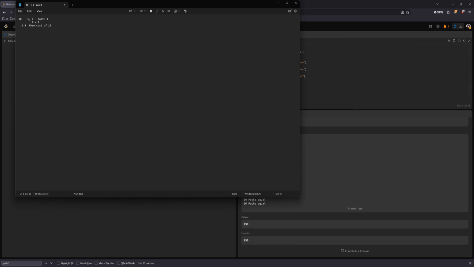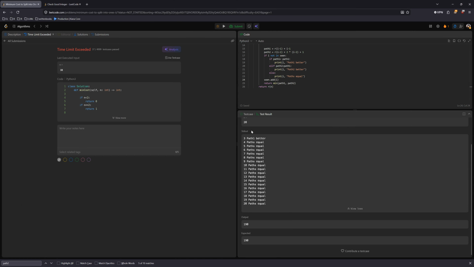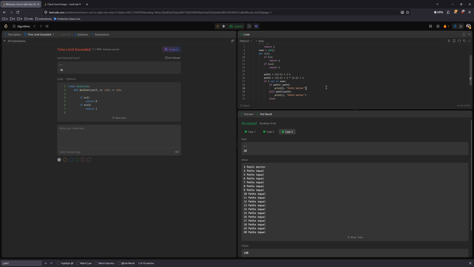That's not 16. It's a cost of 7. So my original thought that we always choose just to splitting by 1 is either equal or always better.